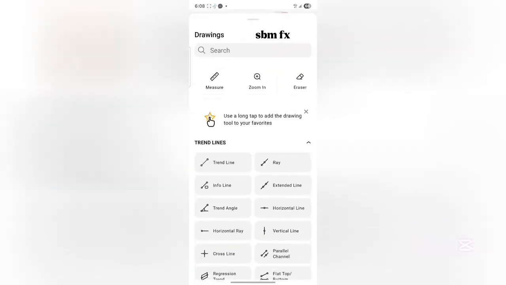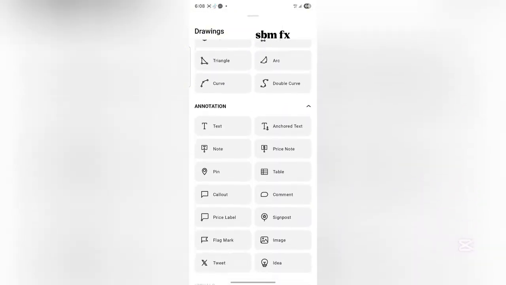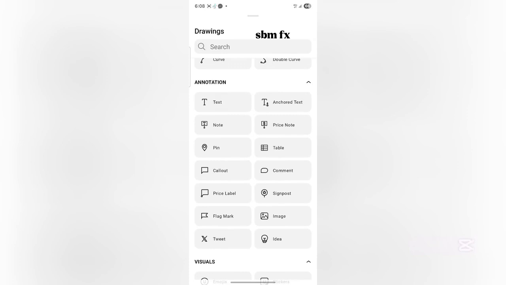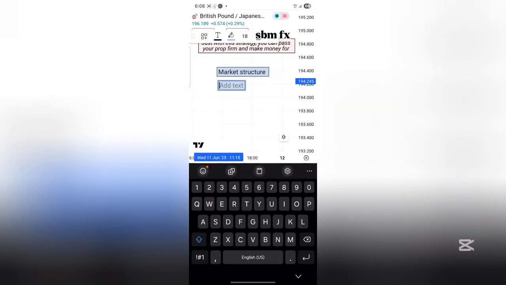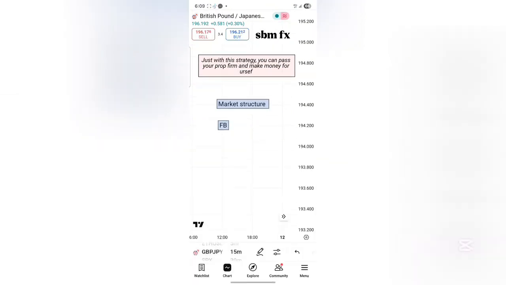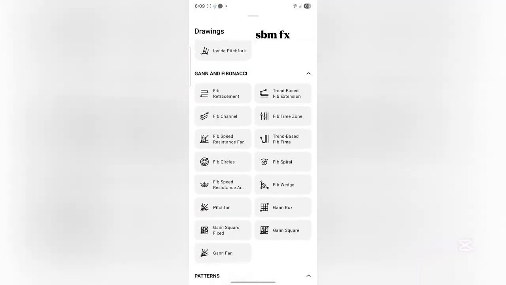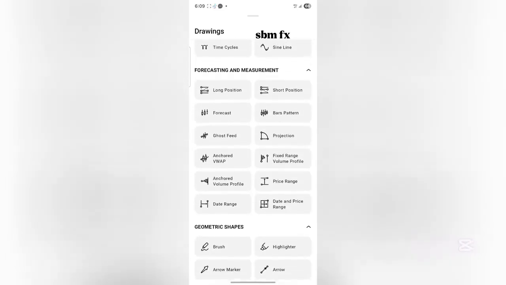A failed order block, also known as a breaker block. I use FB to represent my failed order block, or a breaker block.